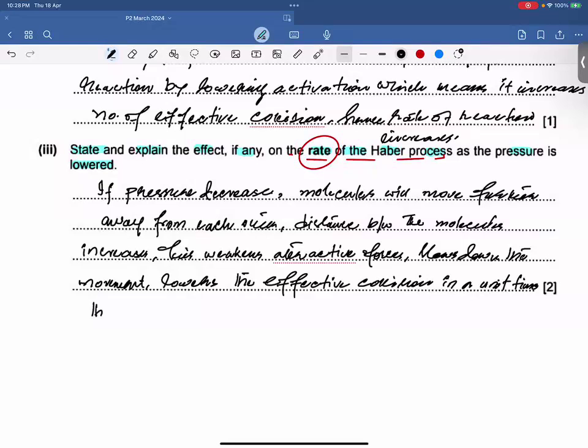Thus, the rate of Haber's process decreases.